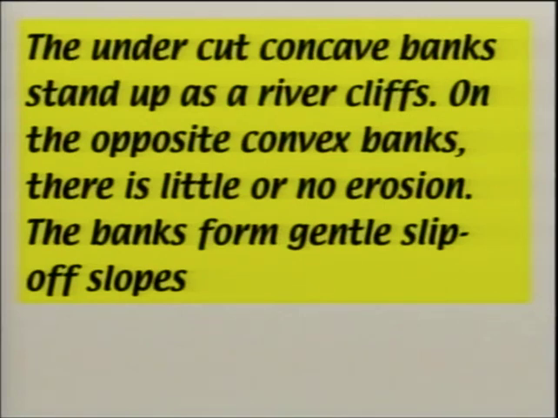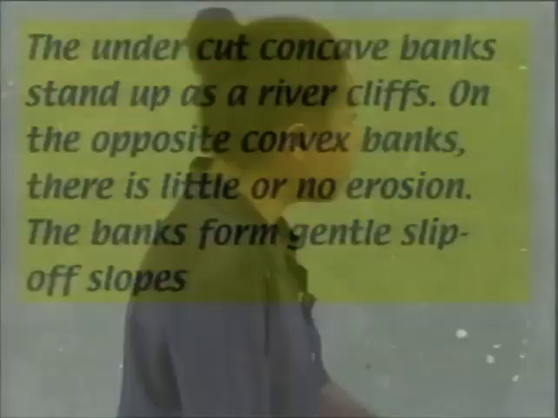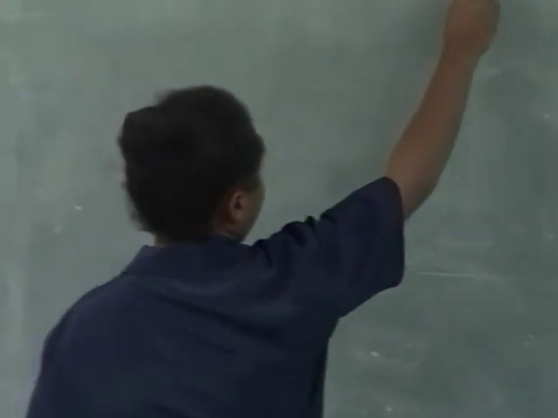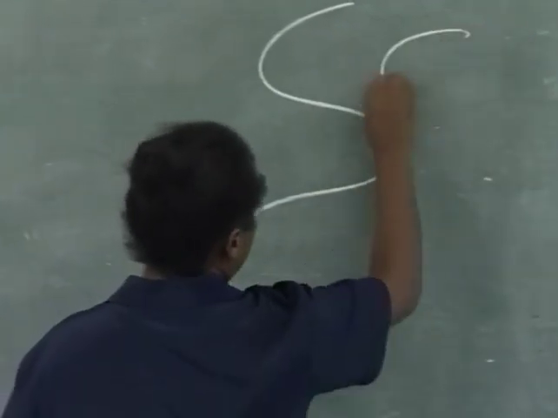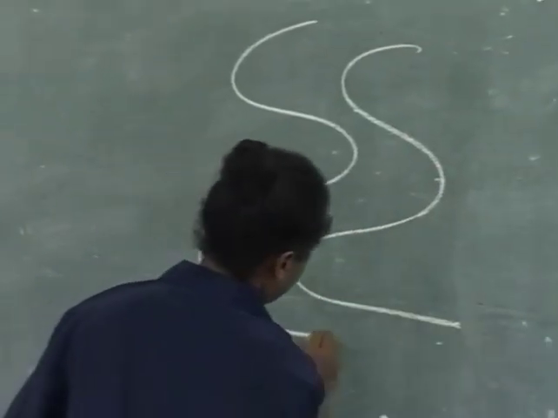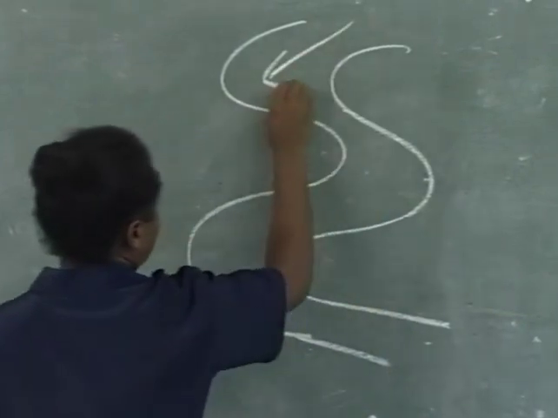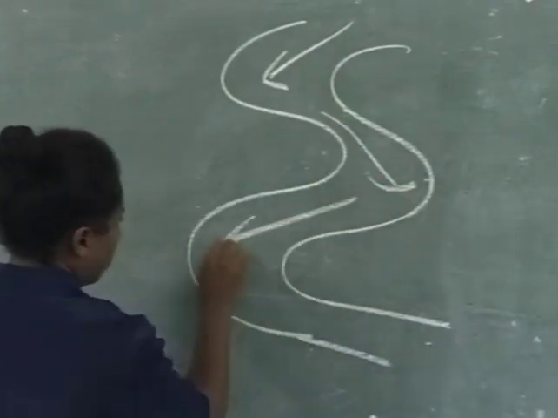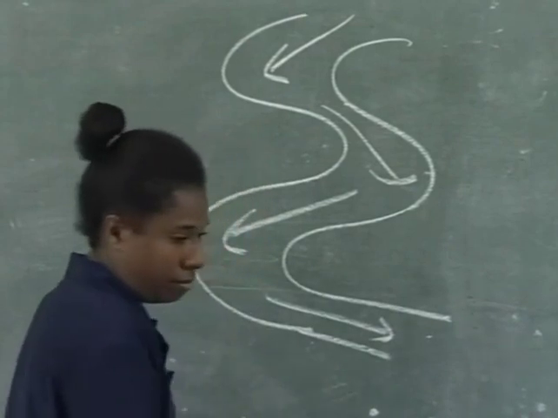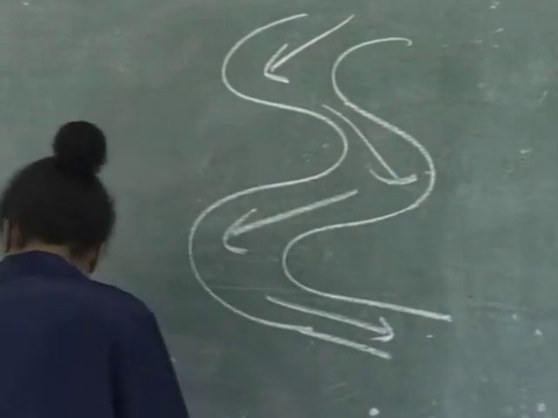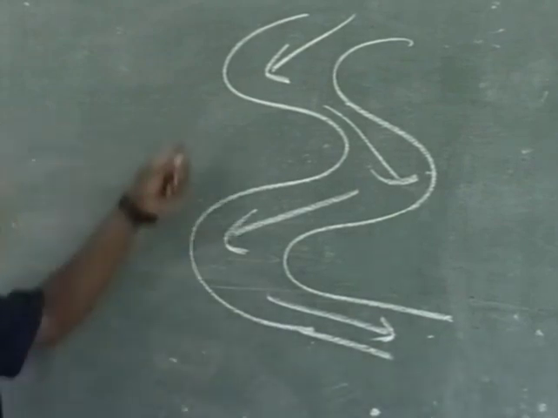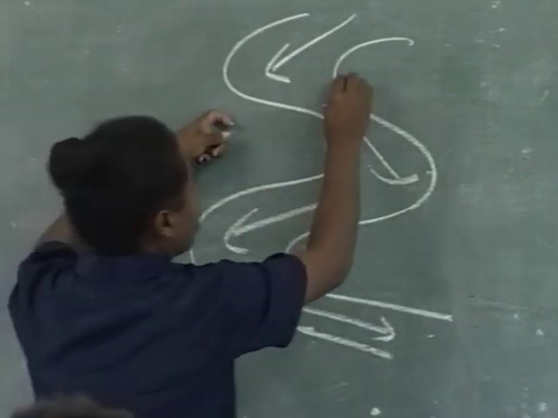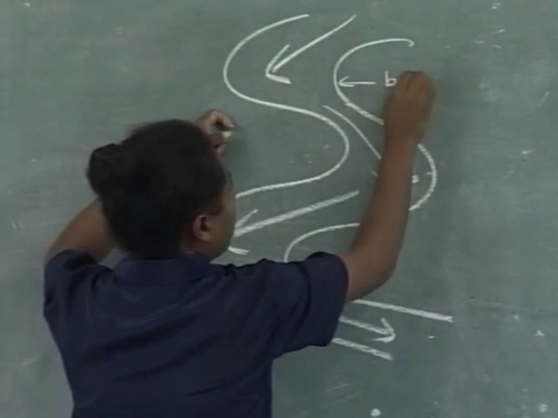If I had to show that information, perhaps in diagrammatic form. Okay, I'm looking at the bank, which are the sides of the river, we know that.